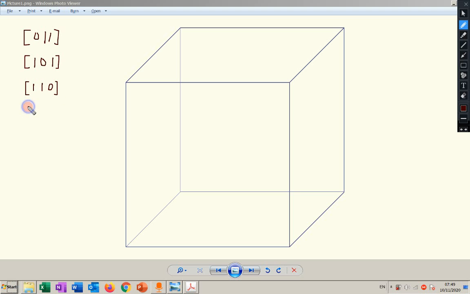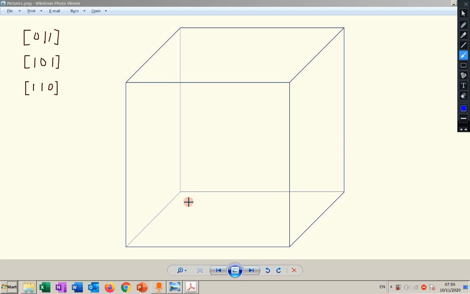Let's have another direction minus 1, 1, 0. I think I will leave the minus 1 for later. For now, let's have these 3.